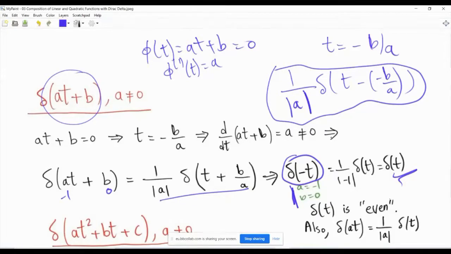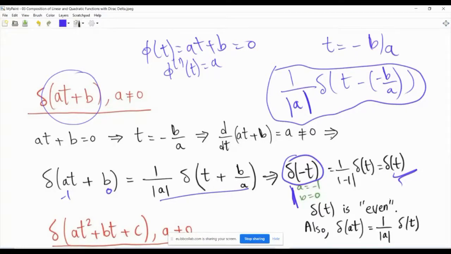So again, since we lowered the standard and now we are treating the Dirac delta as if it's a function, and we will keep doing this for convenience, it is an even function. This will be important when we involve the Dirac delta in Fourier analysis, because the Fourier transform of functions will depend on their symmetry.